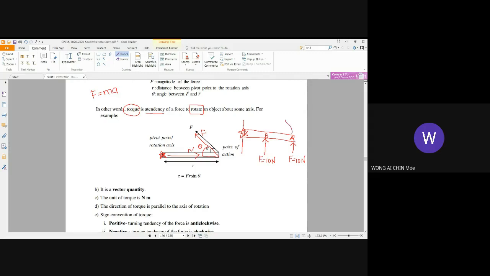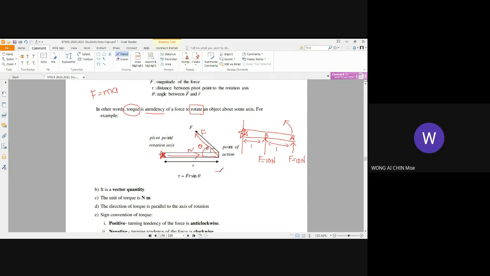If the door wants to open, which point will the door most easily open? So if this is your R, 1 meter, 1 meter.